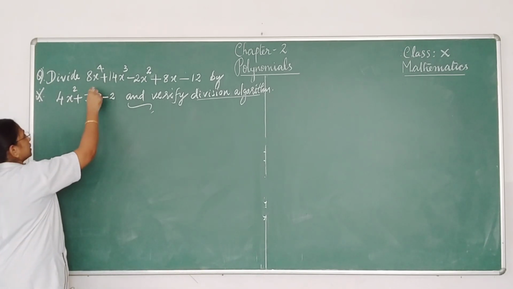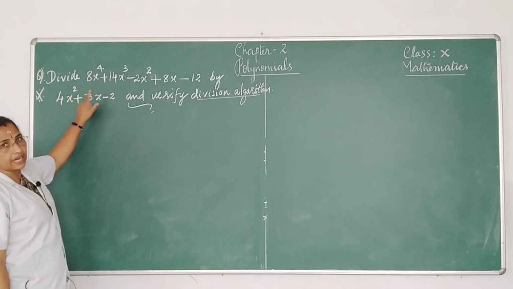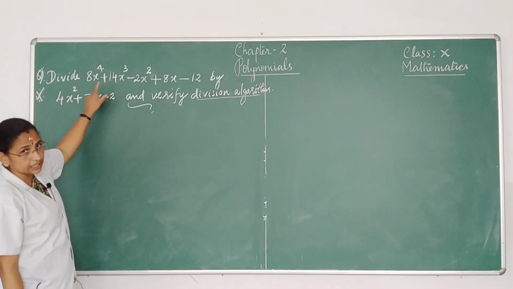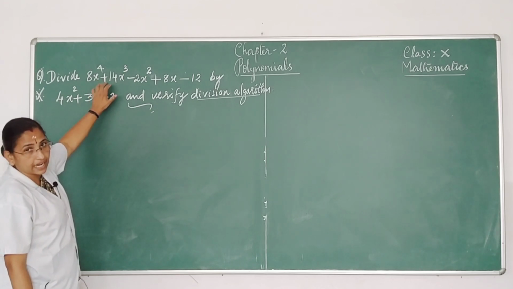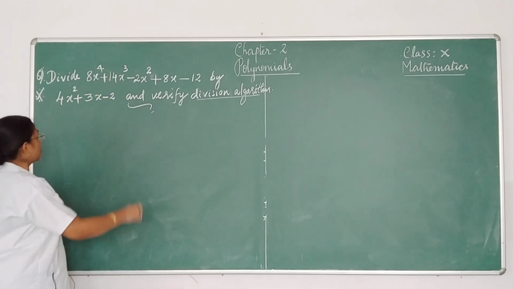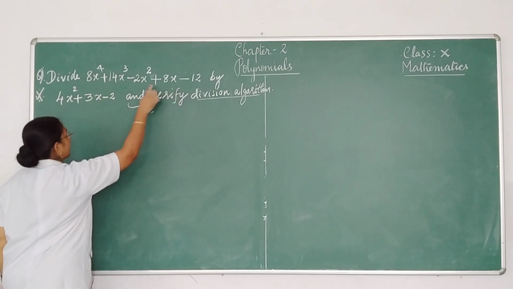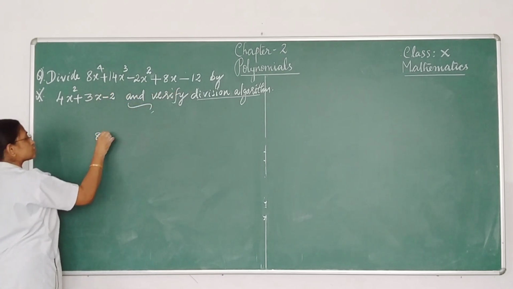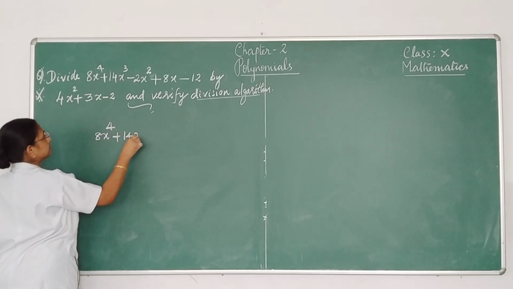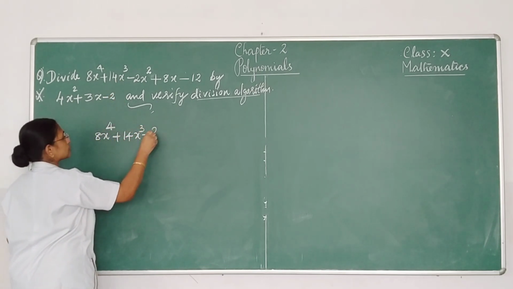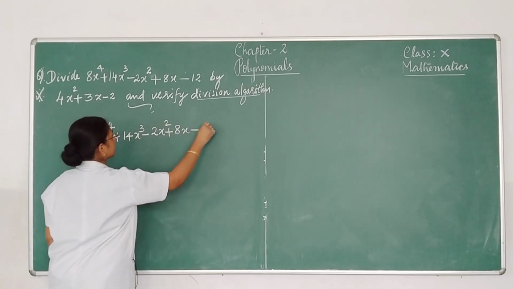First of all, you need to think which is the dividend polynomial. The polynomial having higher degree among these is the dividend polynomial. Here, this is the polynomial having higher degree. So, let us write that at first: the higher term 8x raised to 4 at first, then the x cubed term, then the x square term, then the x term, then the constant term.